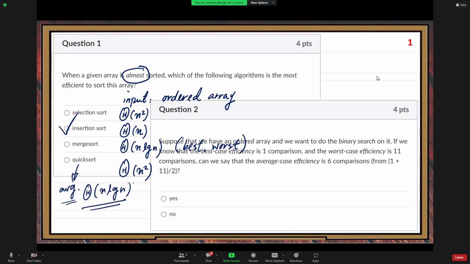That's why we say its overall efficiency is the best among the known general-purpose sorts, not special-purpose.